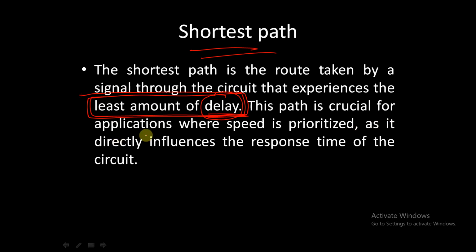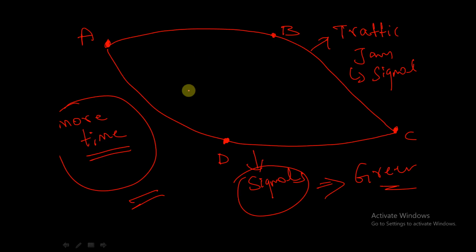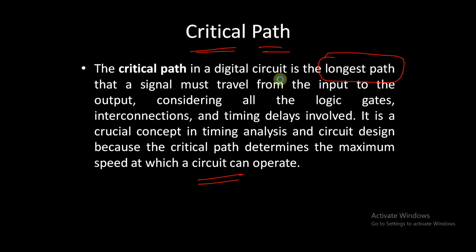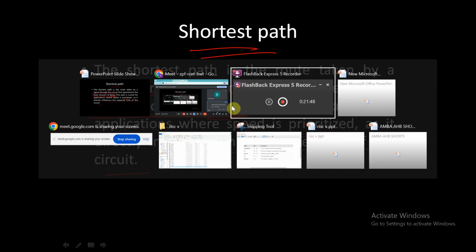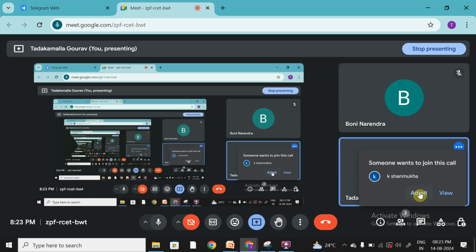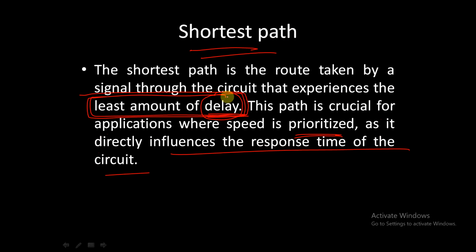This path is crucial for applications where speed is prioritized, as it directly influences the response of the circuit. I hope the definition and example of the critical path and the shortest path are clear.